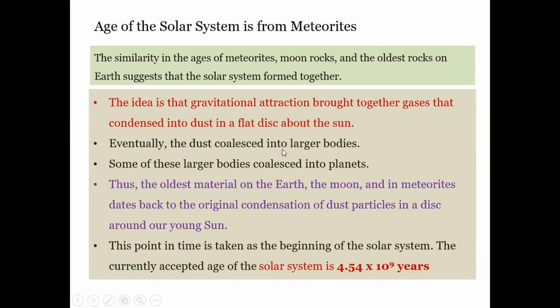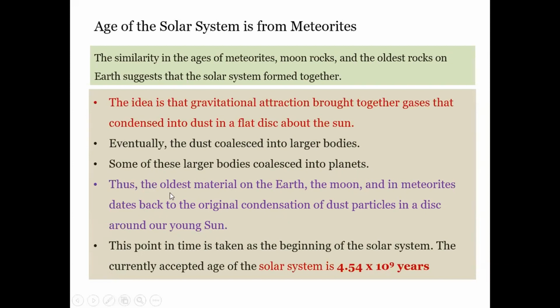Eventually the dust collapsed into large bodies, and some of the large bodies again got converted into planets. So the oldest material on Earth, the moon, and in the meteorites dates back to the original condensation of the dust particles in the disk around the young sun.